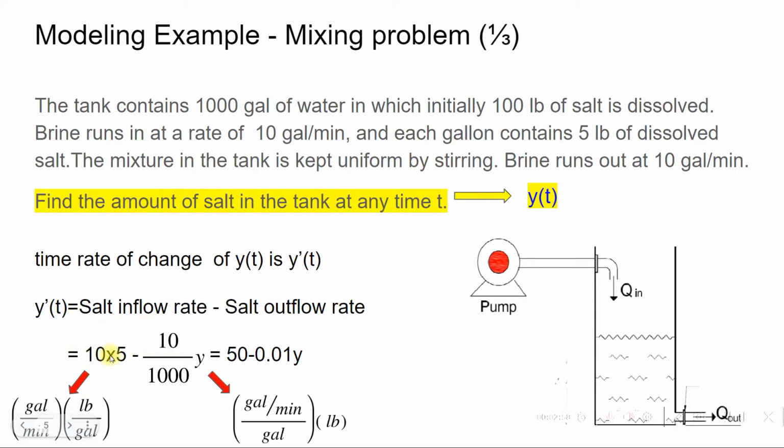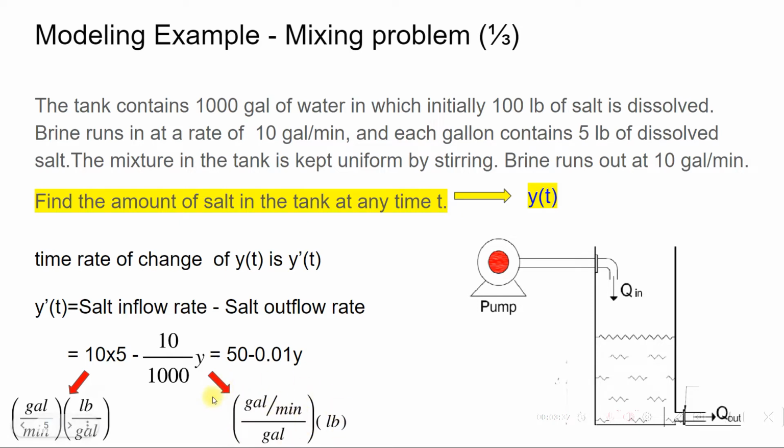Here we plug real numbers into this description, and we write down the physical unit for each number, so you can check the calculation by comparing the physical units between these two terms. You can see that both gallons can be crossed out, so the physical unit for this term is pounds per minute, which is the same as that of this one.